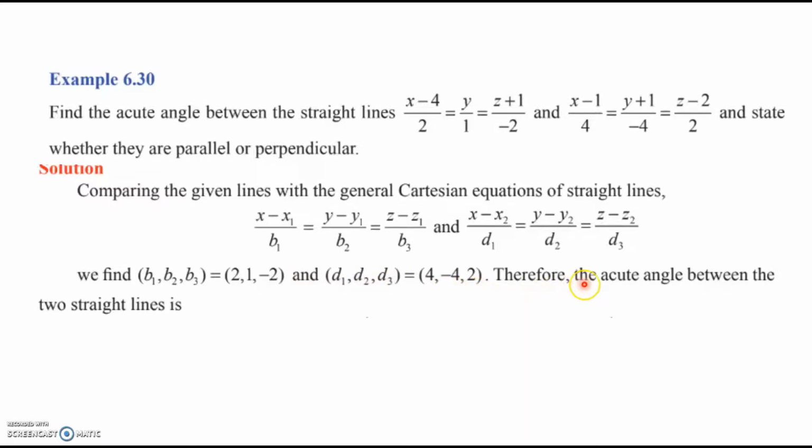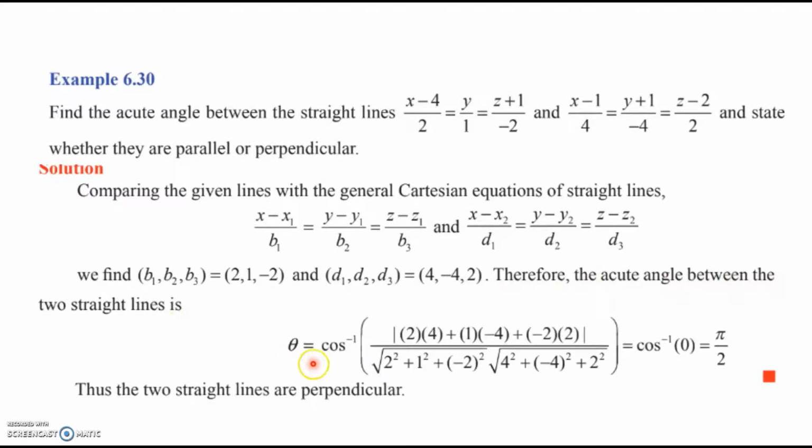So where our b1, b2, b3 are 2, 1 and minus 2, and d1, d2, d3 are 4, minus 4 and 2. Therefore, the acute angle between the two straight lines is theta equal to cos inverse of the magnitude of b dot product with d, which would be b1 d1 plus b2 d2 plus b3 d3.